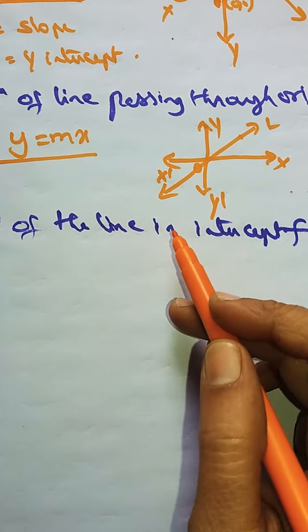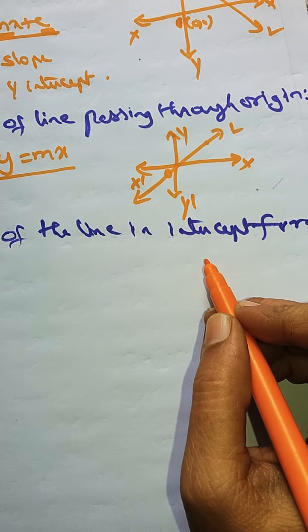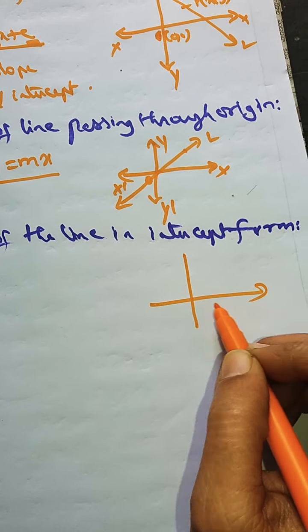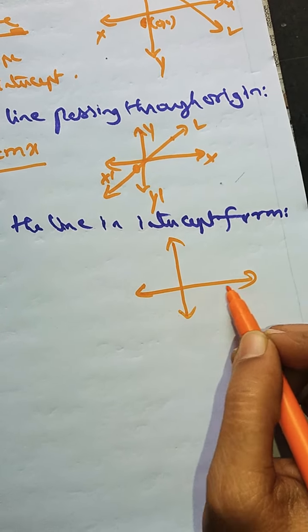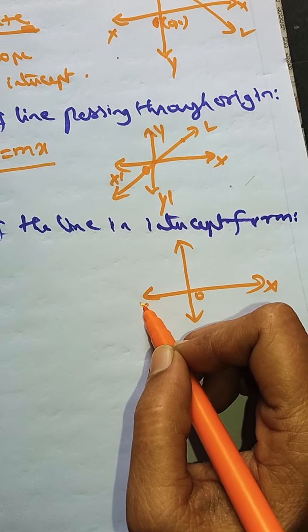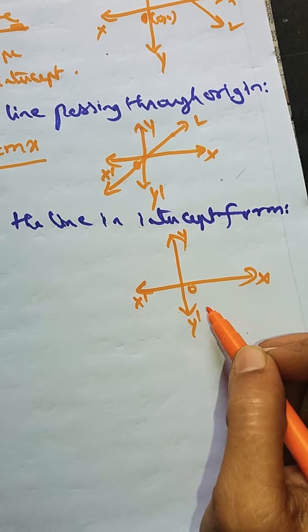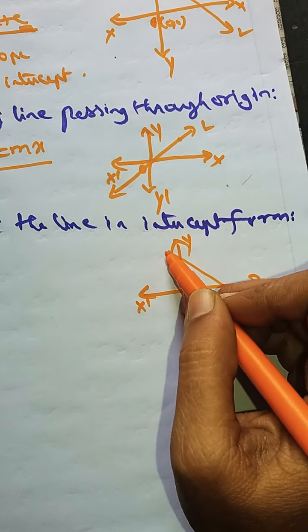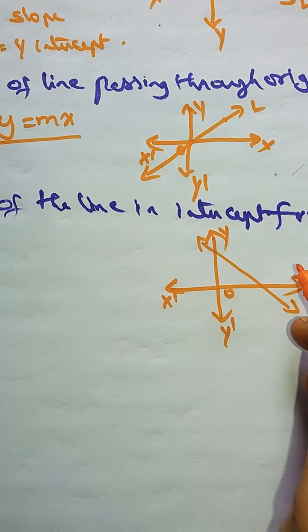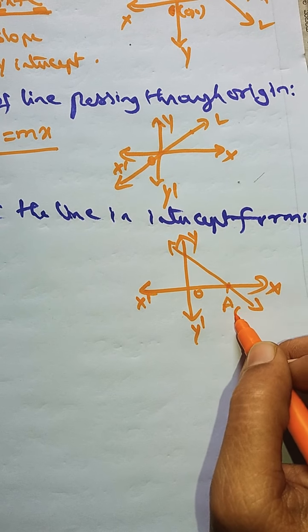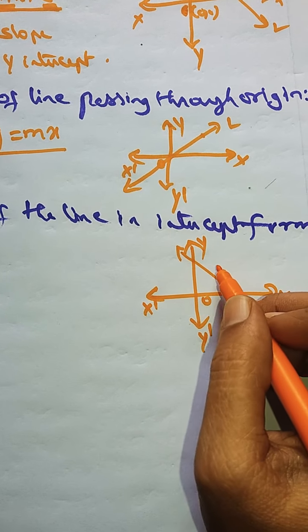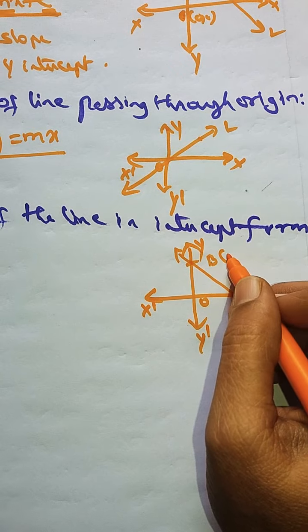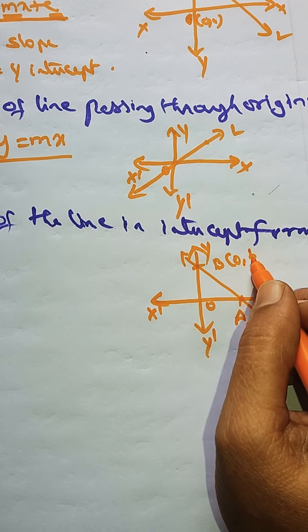Now the equation of the line in intercept form. Let us take the x-axis and y-axis which intersect at the origin. Now I will take a line which intersects the x-axis and y-axis at different points. It intersects the x-axis at a point (a, 0) and the y-axis at (0, b).